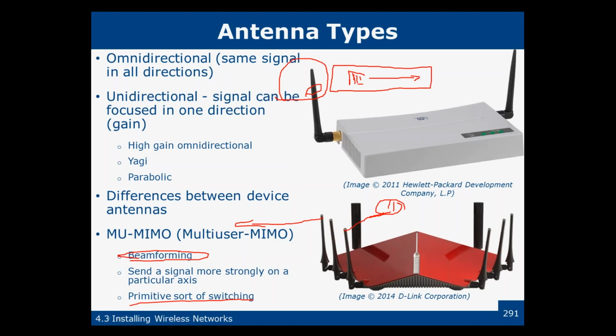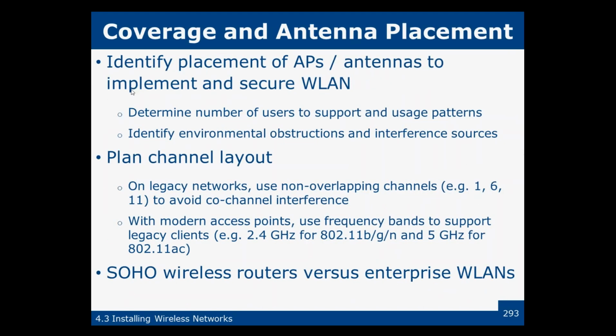The only problem was he couldn't get back because he didn't have that kind of power to get back. So this is a two-way street. If I have a very powerful wireless access point, it may or may not do me any good. If I have a low power device out here that's getting the signal, its signal may not get back to the access point.